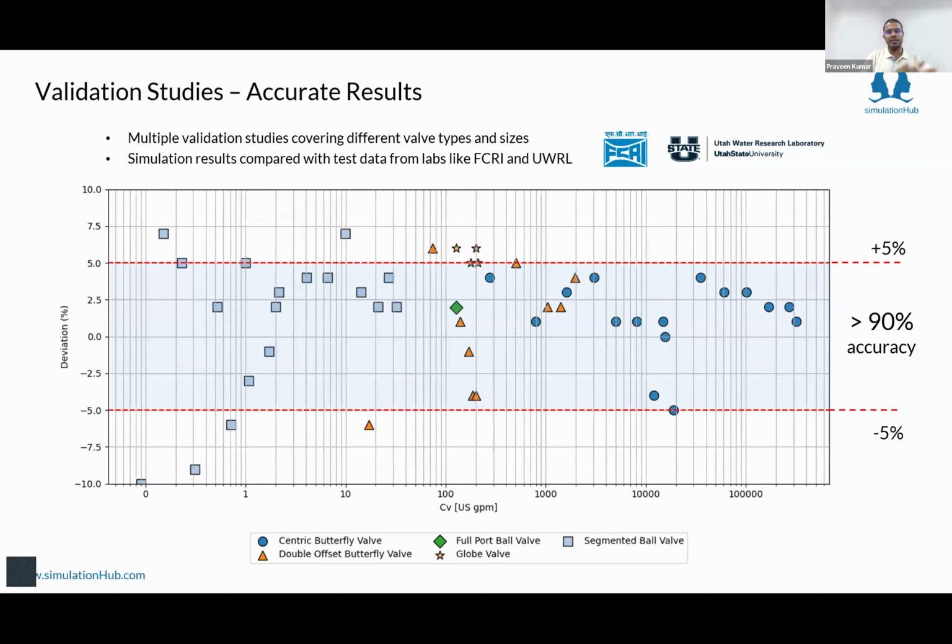It covers butterfly, ball valve, segmented, full port, everything, including globe valves, and covers a range of diameters, valve sizes, and different flow capacities. What we have observed is we fall in the range of plus or minus 5% deviation. So above 90% accurate results are there.